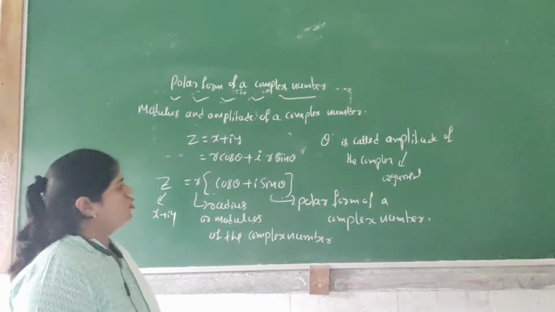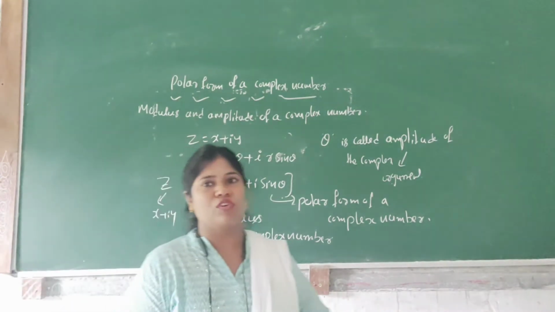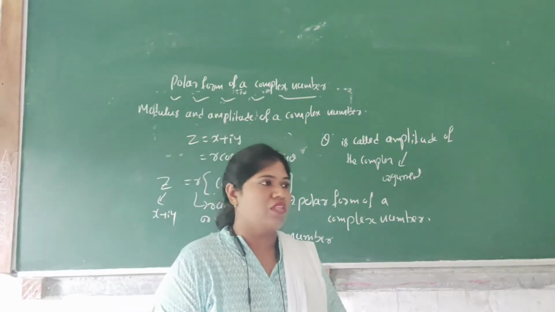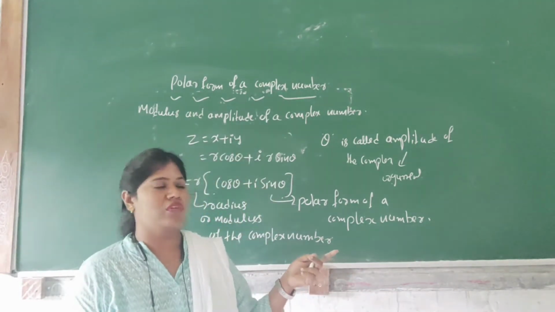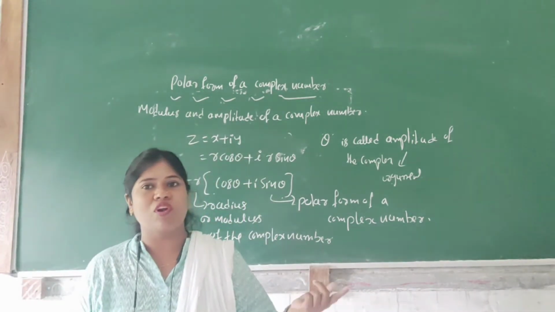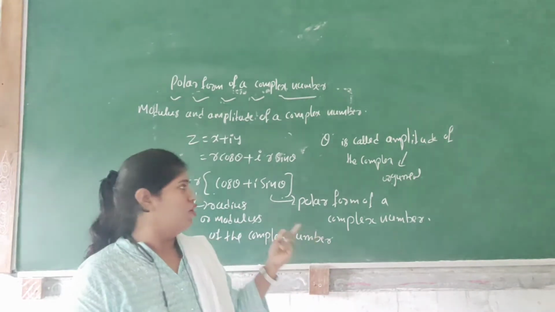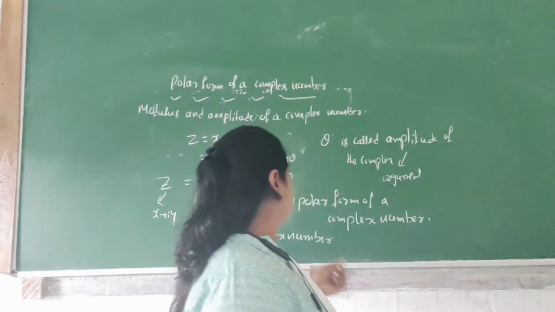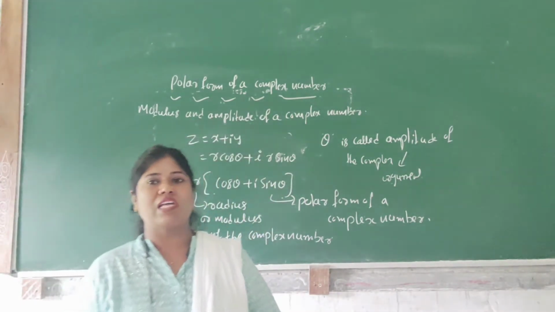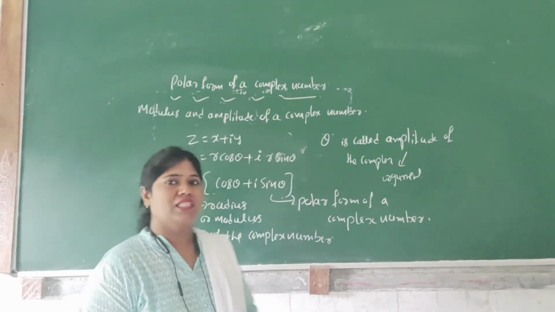Okay. You understood this one? It is coming for 2 marks also, 3 marks also. Problems based on this are very important. If you are asked what is the polar form of a complex number, you have to tell that the polar form of a complex number is z is equal to r of cos theta plus i sin theta.